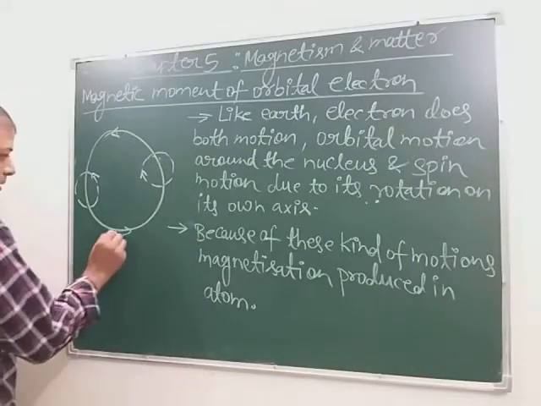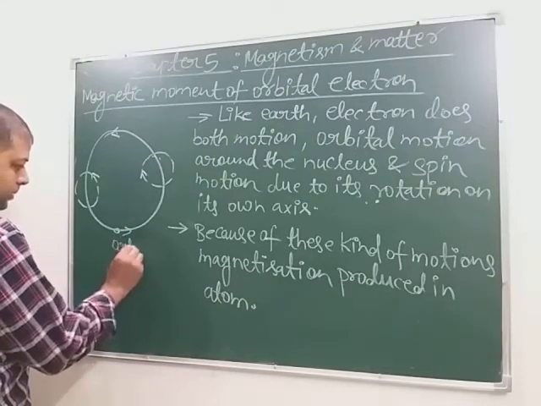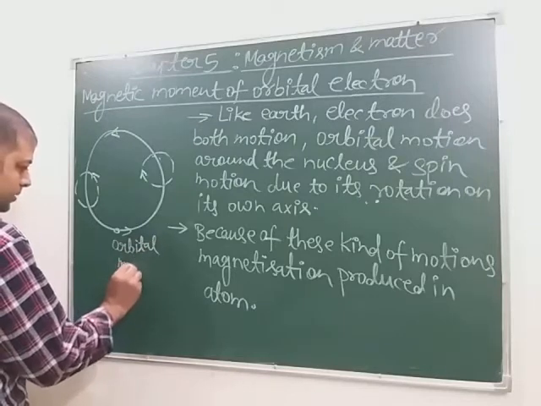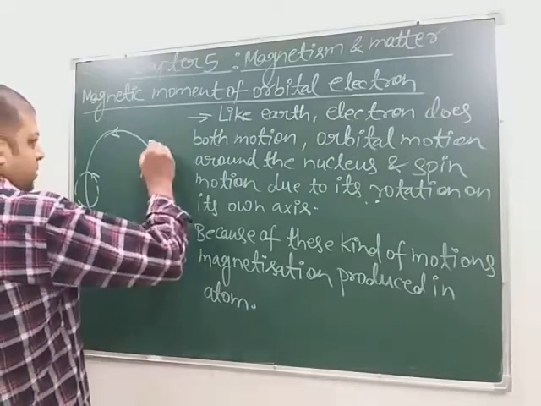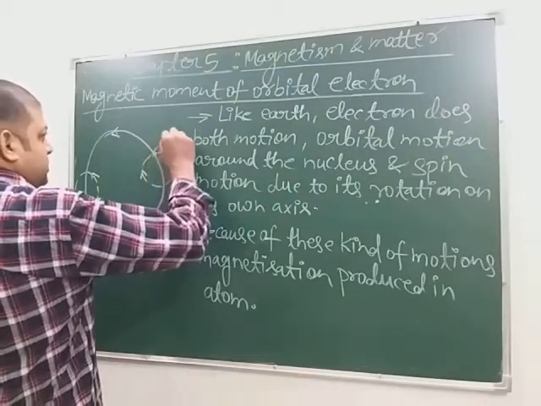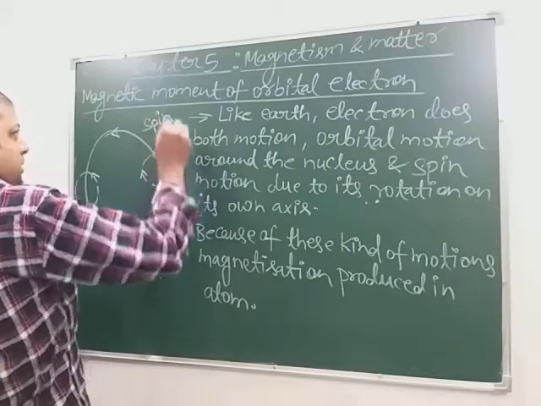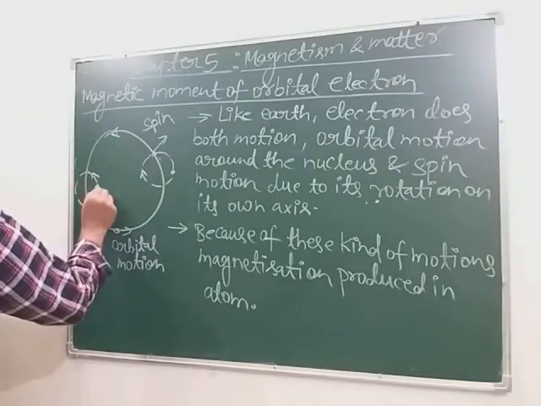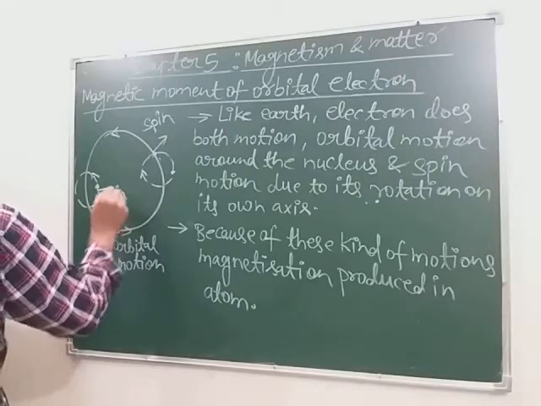Suppose this is the electron, so this motion is called orbital motion, and this motion is called spin, spin on its own axis.